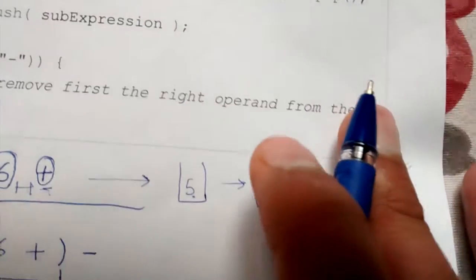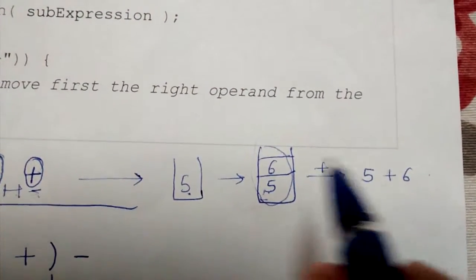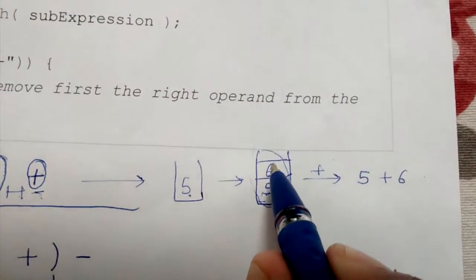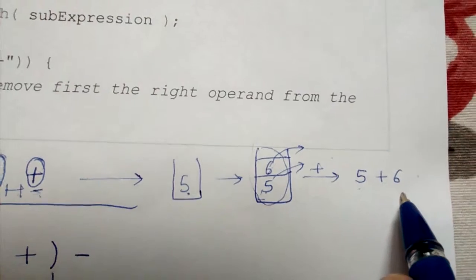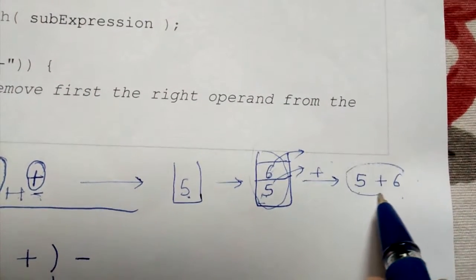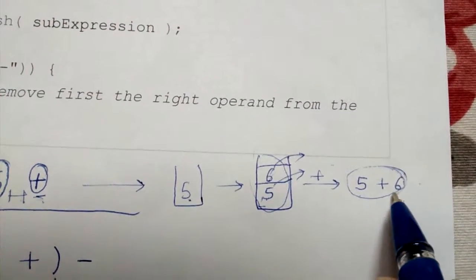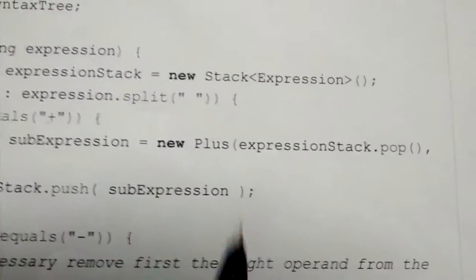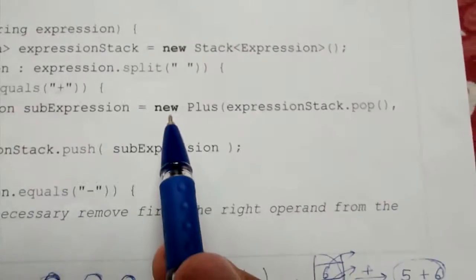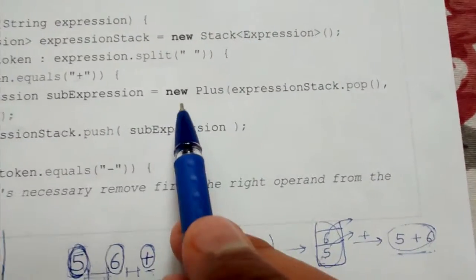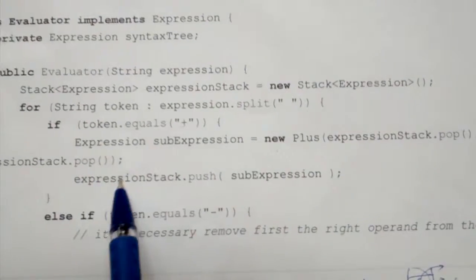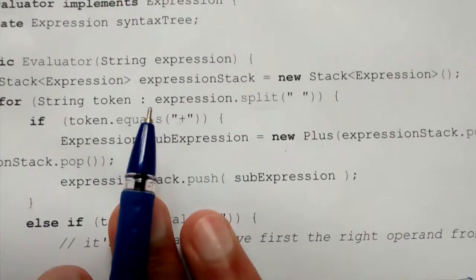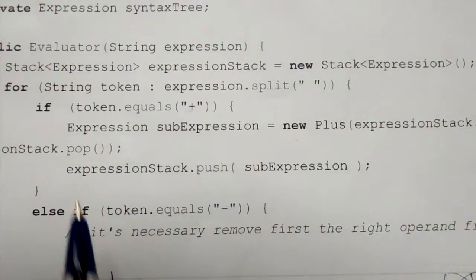As soon as we see plus symbol, we pop the latest two expressions out of the stack, which are 5 and 6. Here we are not evaluating, we are just creating a new object out of it. So new plus object, and its two arguments are the latest popped elements.